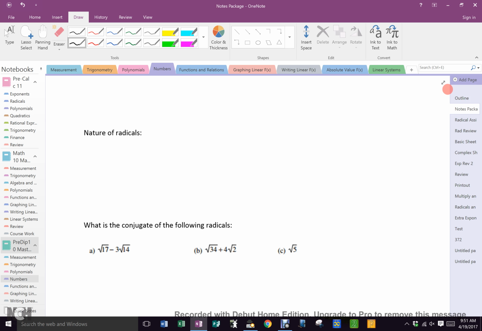So the first thing we have to know about radicals is a radical in the denominator is not allowed. Does anybody want to guess why?